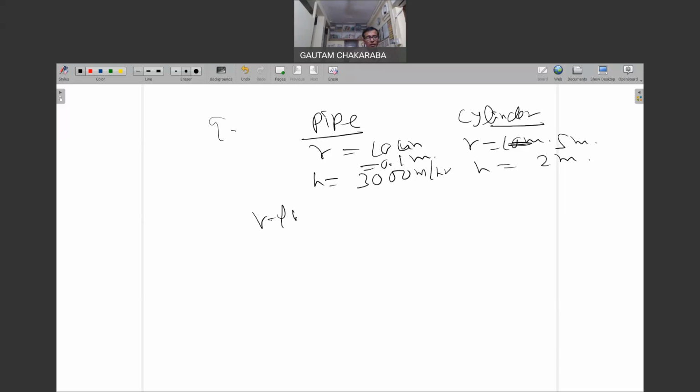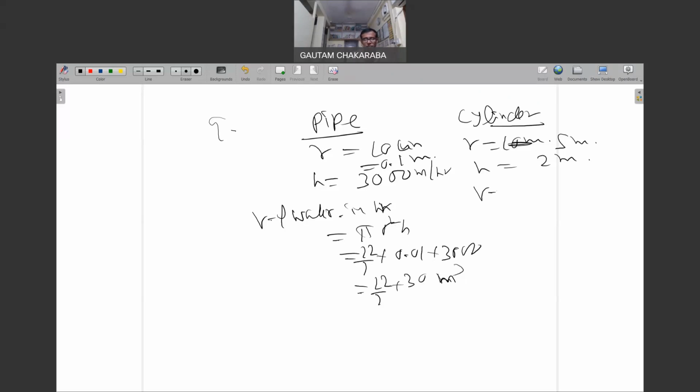So volume of water in 1 hour is pi r square h, that is 22 by 7, r is 0.1 so r square is 0.01, and h is 3000, meter cube.